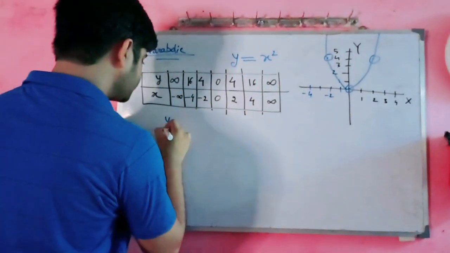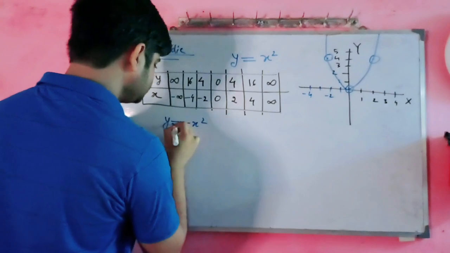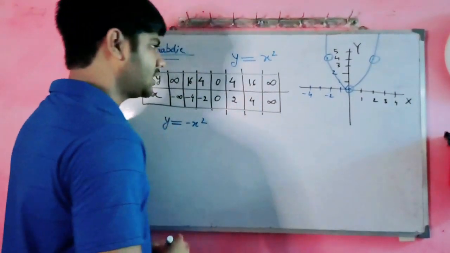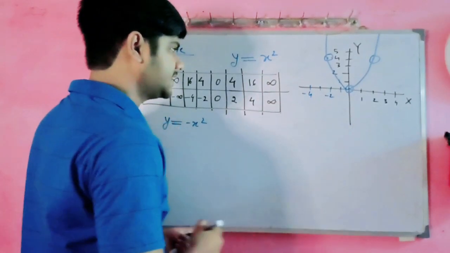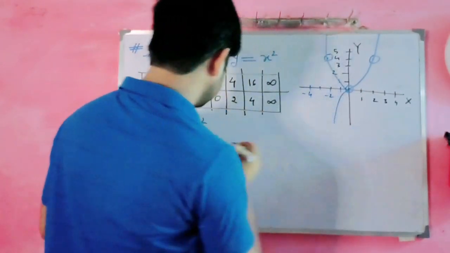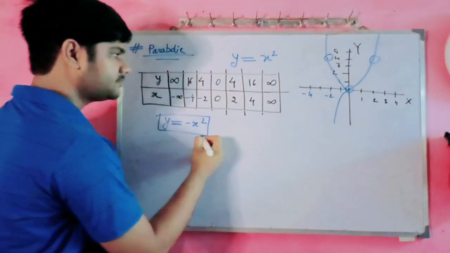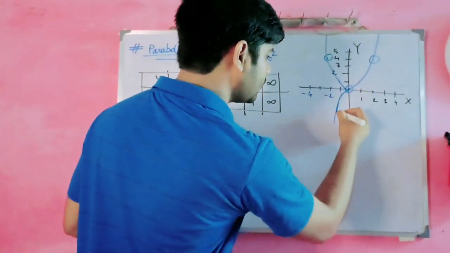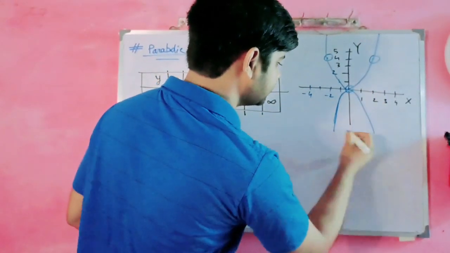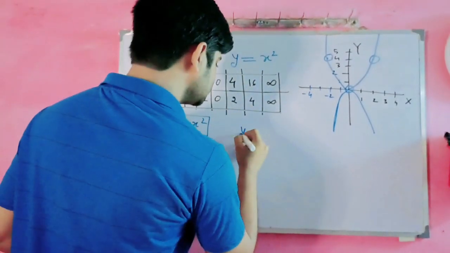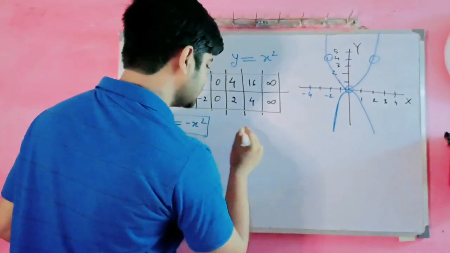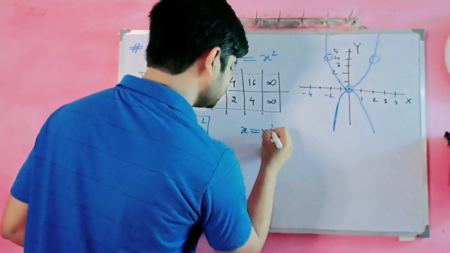Now when y equals minus x squared, how will it look? It will be upside down. That means in that case, when y equals minus x squared, all the values of y become negative. Similarly, for x equals y squared, how will it look?